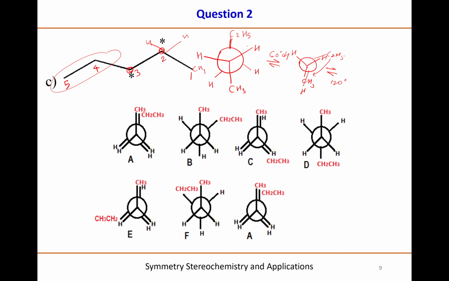So here, because I want to make the eclipse conformation, that's why I am rotating it by 120 degrees. I'm keeping the front carbon as it is.